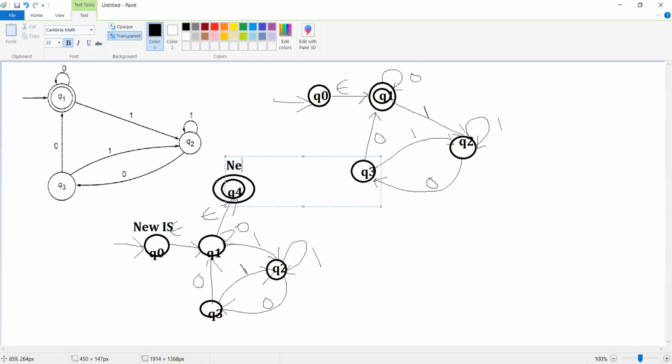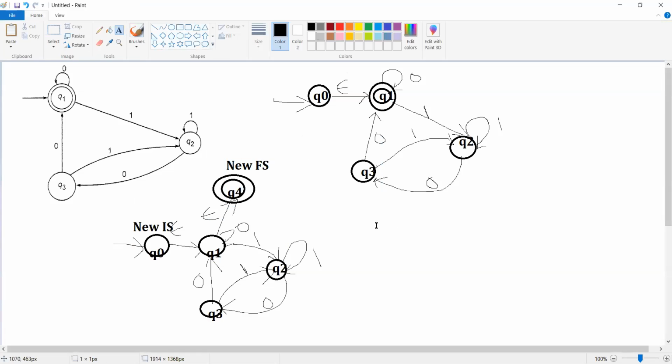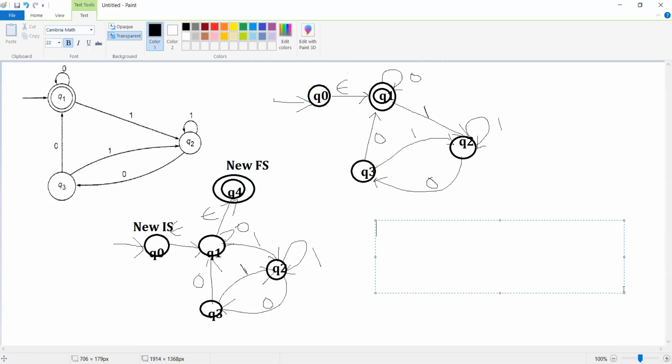Totally, how many states are there? We have Q0, Q1, Q2, Q3, and Q4.